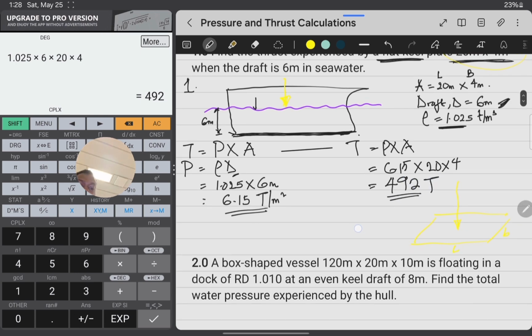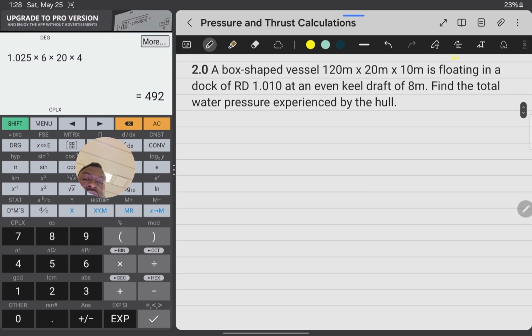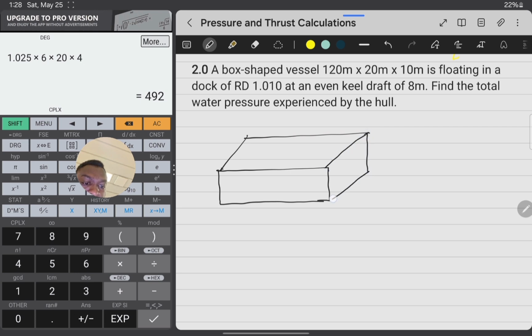And that's it. Now, number 2 question says a box shaped vessel. So this is the vessel. It's a box shaped vessel. The length is 120 meters. So this is actually length times breadth times height.